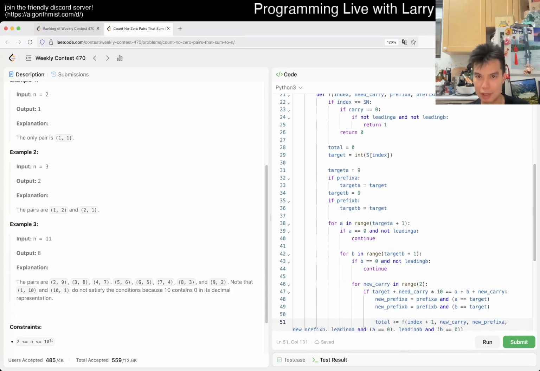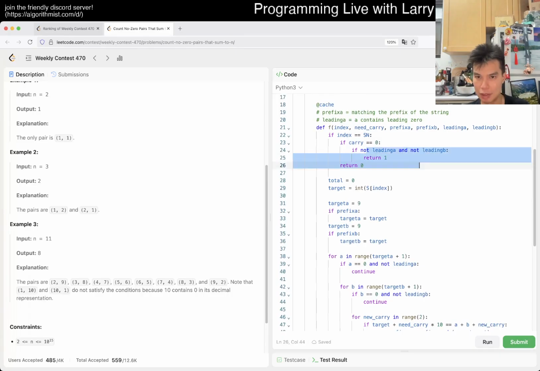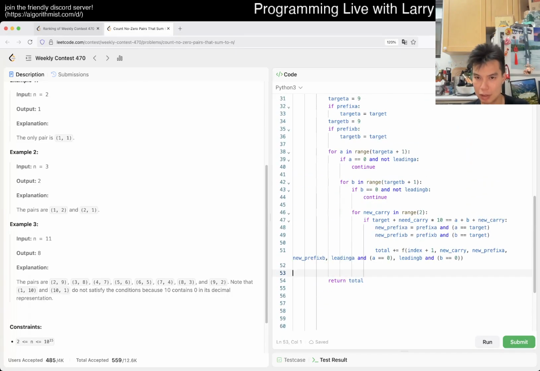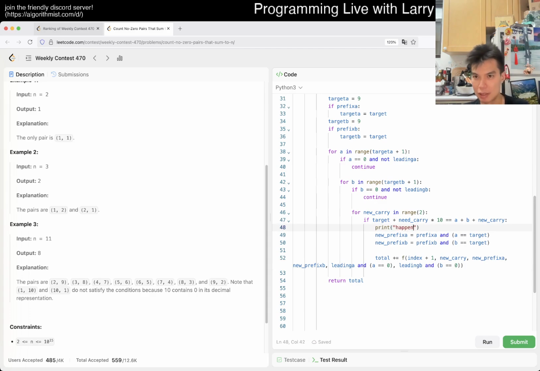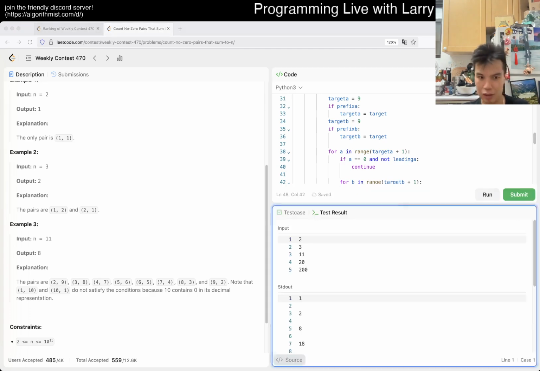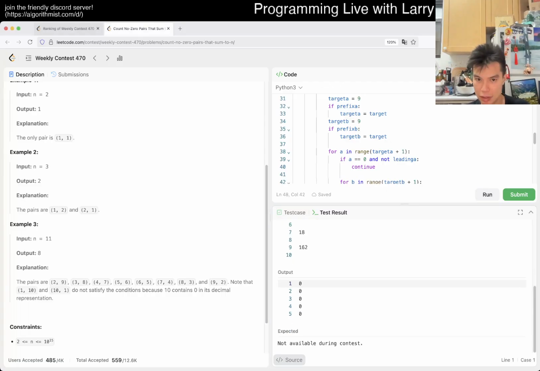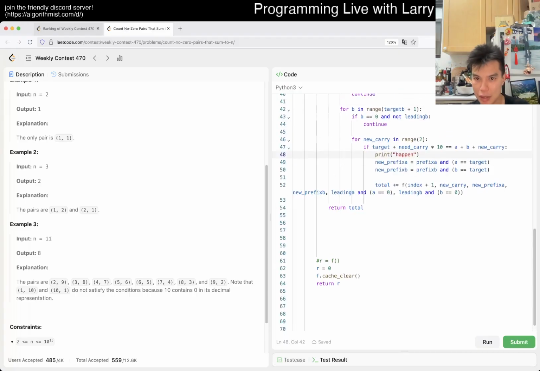Missing the base case somewhere. No, it should be here. What am I missing? Does this happen at all? Doesn't seem like it. Right?